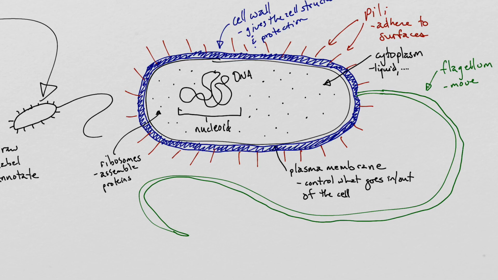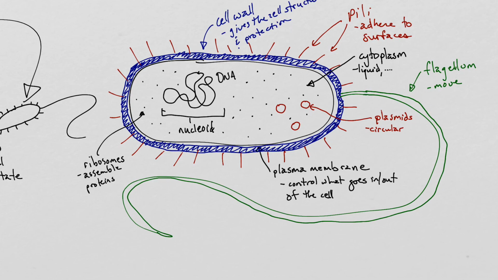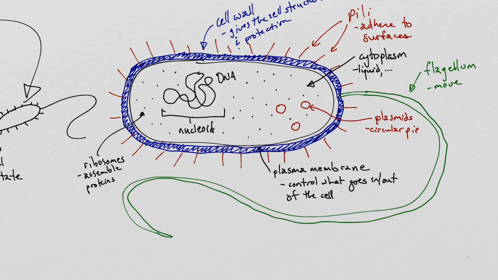And then finally, our last one, we're going to draw a couple of circles in our cell. These little circles are actually circular pieces of DNA called plasmids. These pieces of DNA are really interesting, and humans have learned to use them to our benefit.